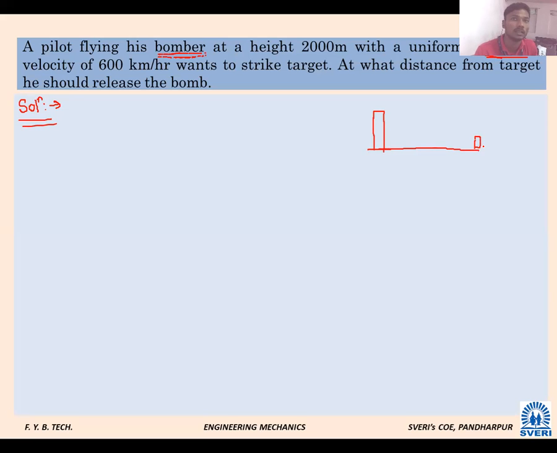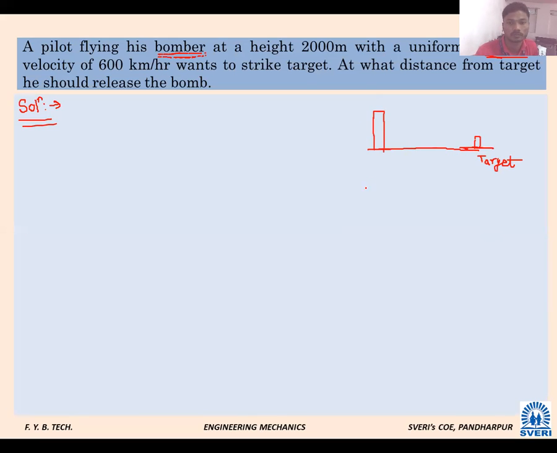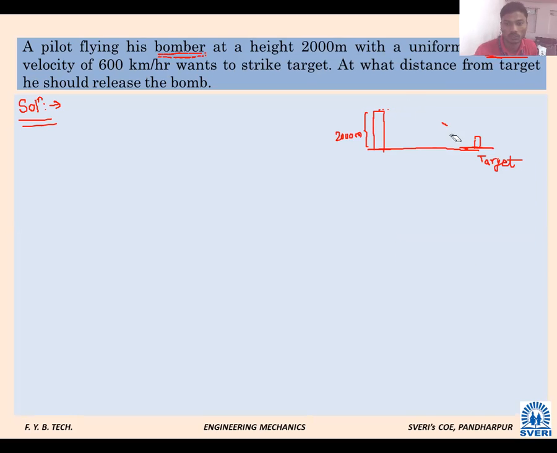Suppose here there is the target T, and here it is at height H. From here he wants to hit the target. The height is known to us, and the initial velocity is also known.